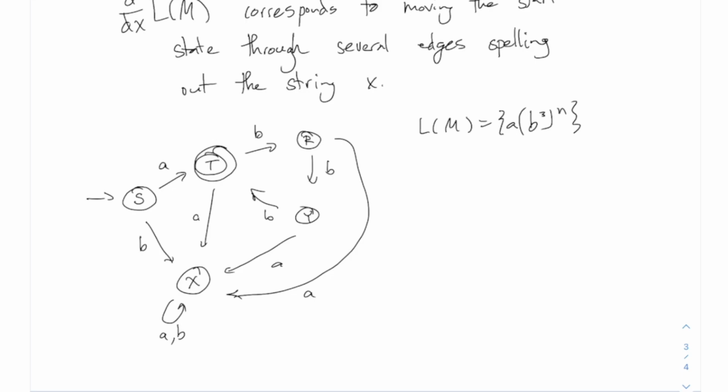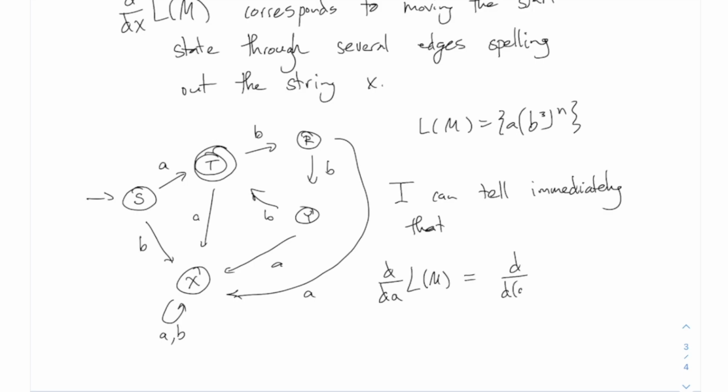Although you don't even have to know what the language is here, I can tell immediately that the derivative with respect to A of L of M must equal the derivative with respect to AB cubed of L of M. Anybody have thoughts about this? How do you know that's true?